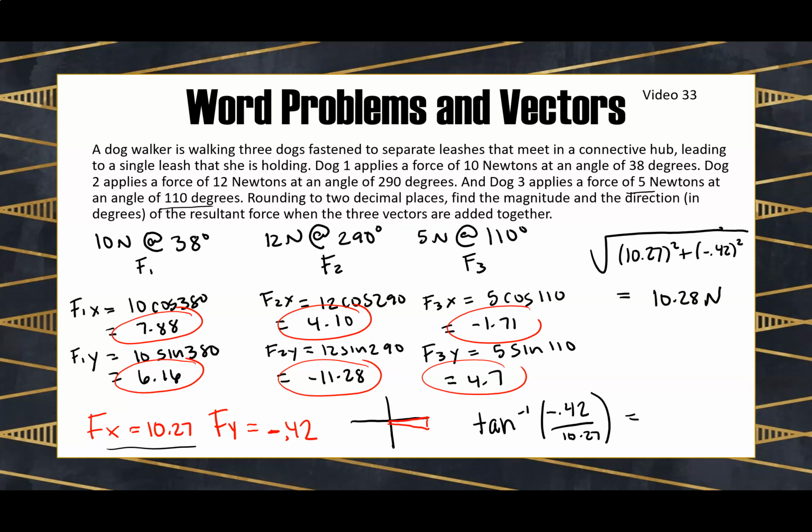And I get an angle of 2.34 degrees, which makes sense, right? Because we were really not that far below the x-axis given this number right here. That's the angle that should be located in this triangle. So we have to do 360 minus that angle, and that's going to give us our 357.66.